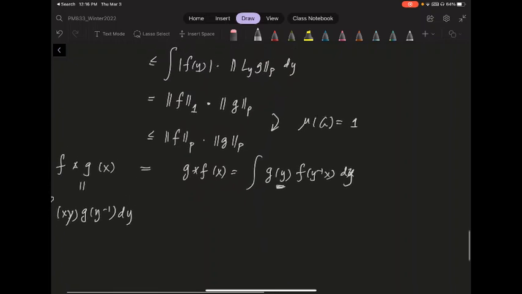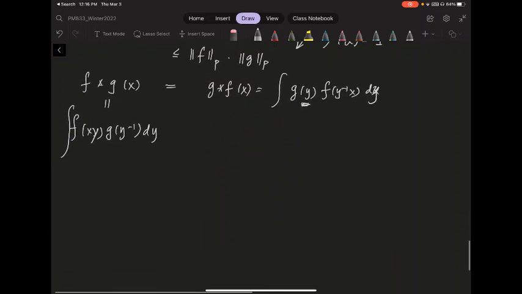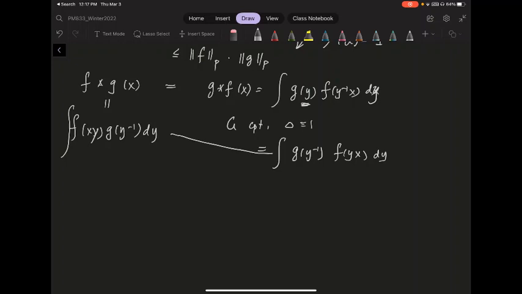But because your group is compact, the modular function is always equal to 1. So you can just swap to g of y, and you have f of yx dy. So these two are the same.